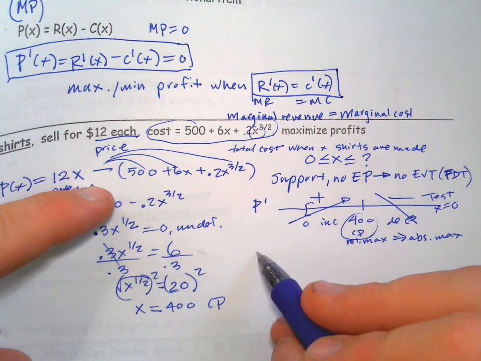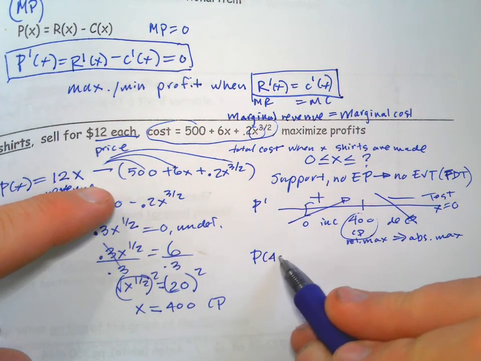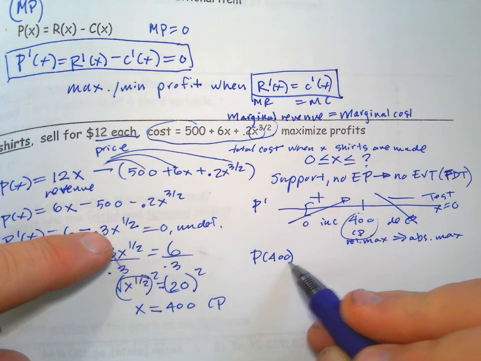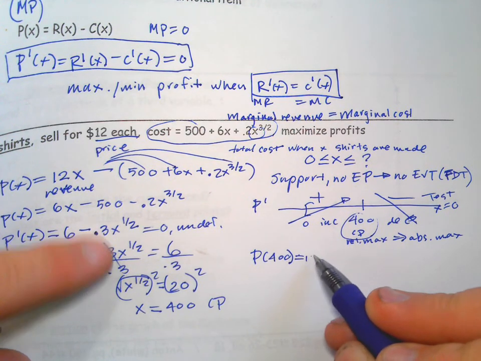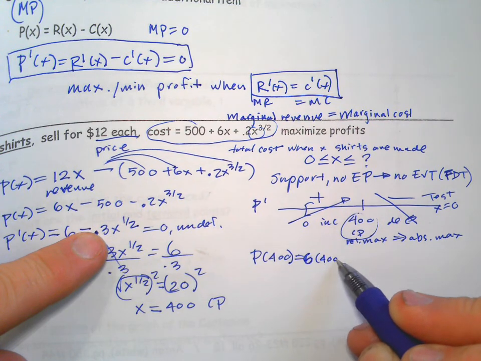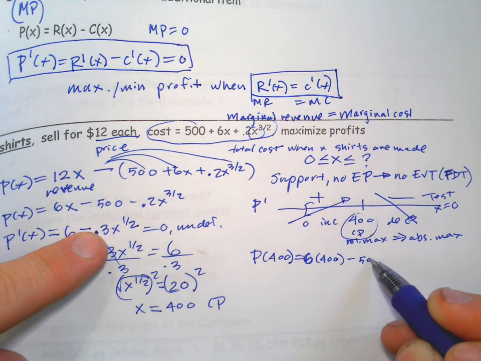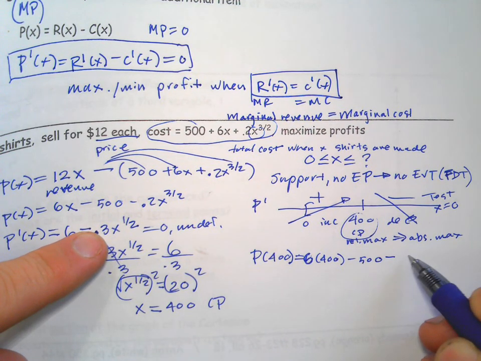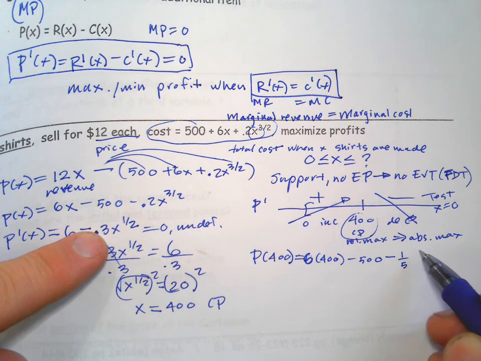Now, we still got to figure out what the max profit is. It happens when we make 400 shirts, but we still got to plug this in. 0.2 is 2/10, which is 1/5. 400 to the 3/2 would be the square root, 20, and then cube it.